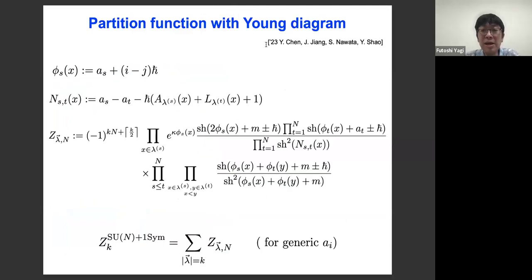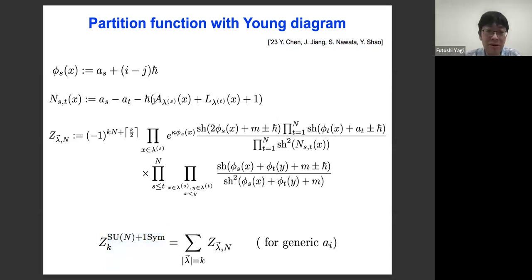Actually, Satoshi Nawata, my collaborator, and his students wrote down the Nekrasov partition function for SU with one symmetric more explicitly by performing the JK residue explicitly.